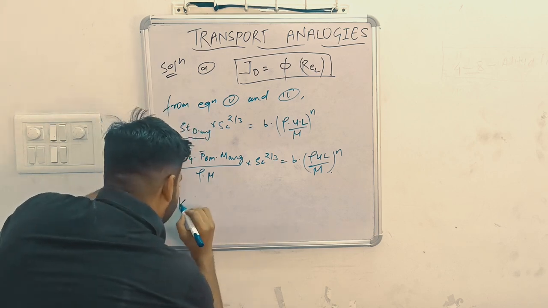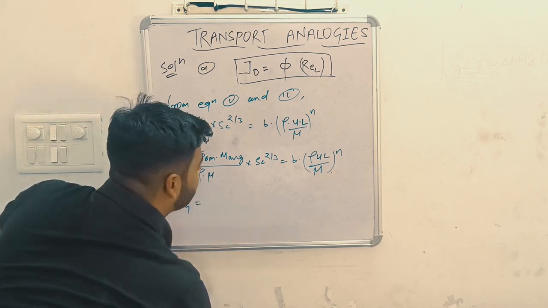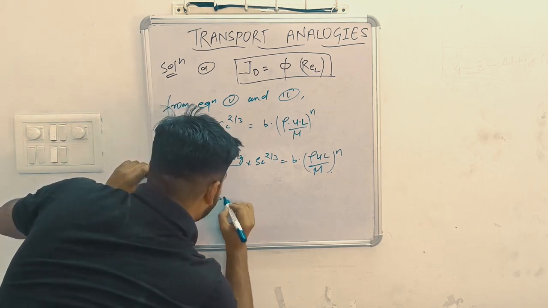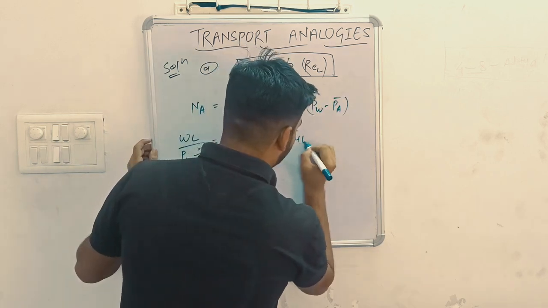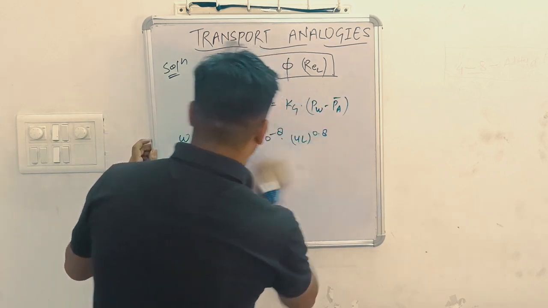Now rearranging this equation, we get kg equal to V into minus 8 into u L power 0.8.